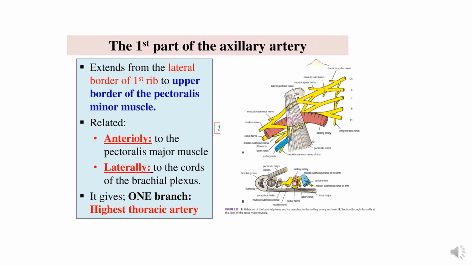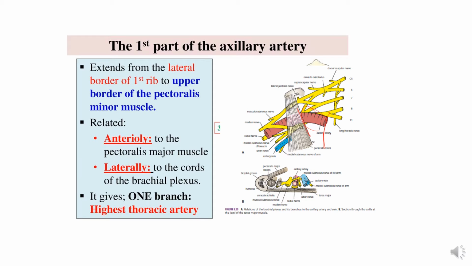The first part of the axillary artery extends from the lateral border of the first rib to the medial border of the pectoralis minor muscle. Anteriorly it is related to the pectoralis major muscle, and laterally it is related to the cords of the brachial plexus.